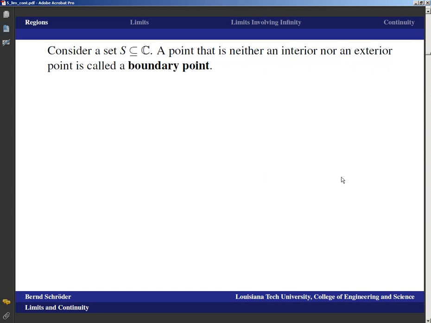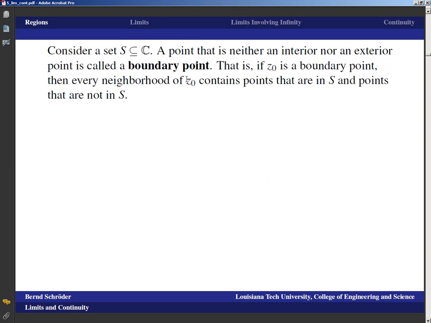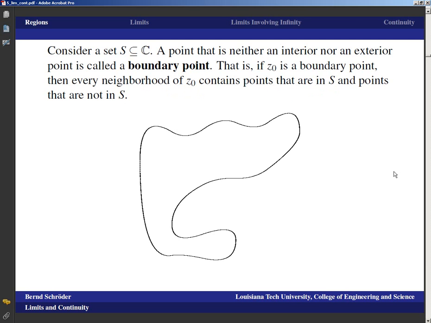Well, it turns out that if a point is neither interior nor exterior, then that thing is called a boundary point. And that can really happen, because basically z0 is a boundary point if and only if every neighborhood of z0 contains points that are in S and points that are not in S. So if we're looking at our generic domain, well, boundary point suggests that those things should be on that solid line here, and that's indeed where all the boundary points are.